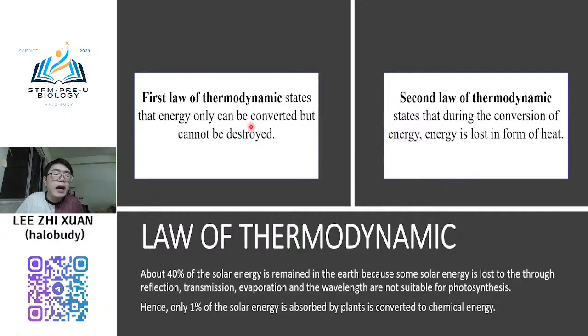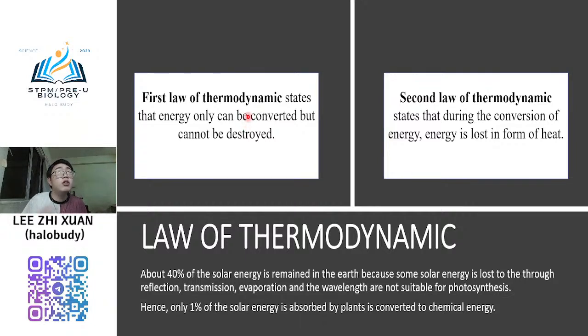Meaning that energy like chemical energy, light energy or sound energy, we can only convert it, like chemical energy to light energy, or light energy to chemical energy, or chemical energy to electrical energy.